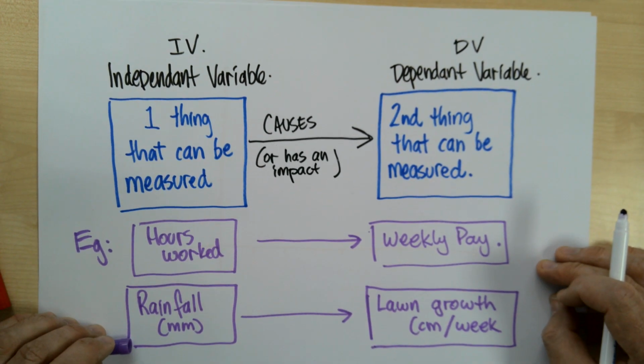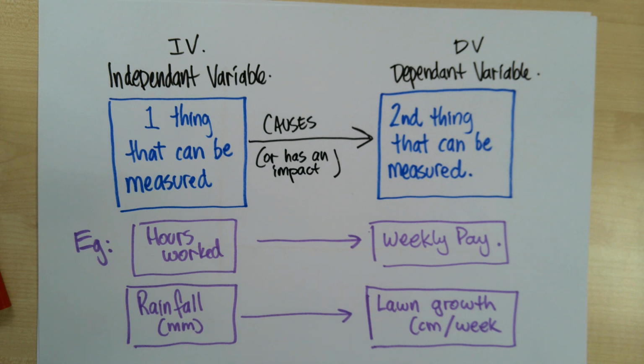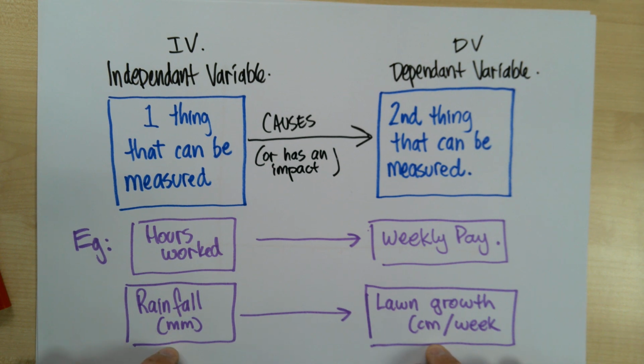You will need to be able to make a judgment as to which one is the independent and which one's the dependent. Here's a way to think about it. Let's say I was given rainfall and lawn growth. Which one's the independent and which one's the dependent? Put it in a sentence to see if it makes sense.